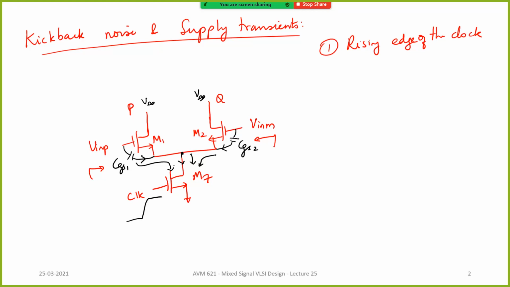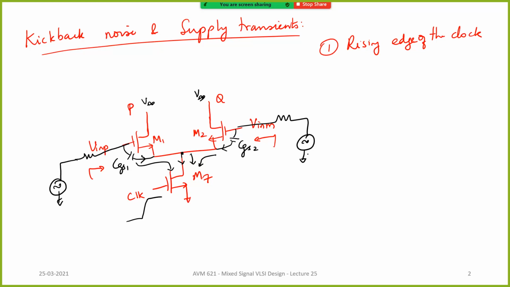Now, where are these two capacitors going to get the current from? They are going to get it from the source, right? Any driving buffer can be modeled as a voltage source with a series resistance. That's the way we model any source, right?